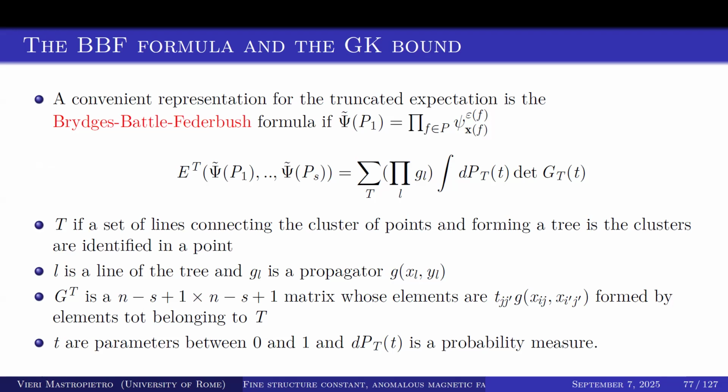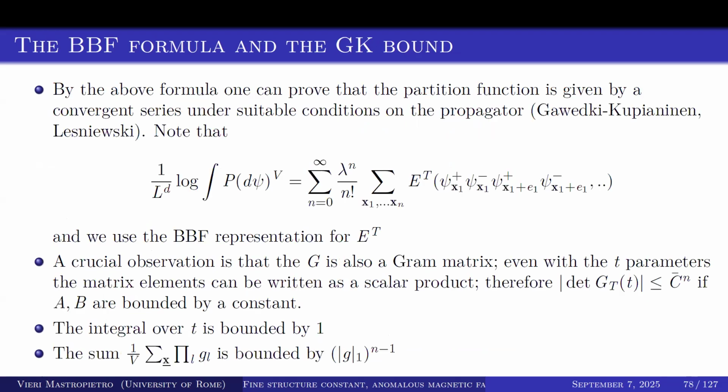This p_t is just something boring, where you have to introduce some interpolation parameter, but this is a probability measure. The integral of this is 1. So if you bound this determinant by C^n, then this is 1, and then, unfortunately, it's a very complicated set of interpolation parameters.